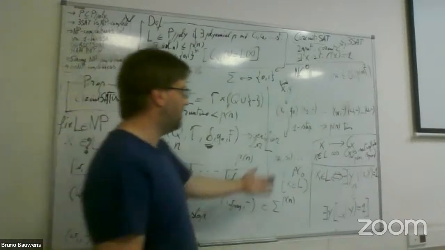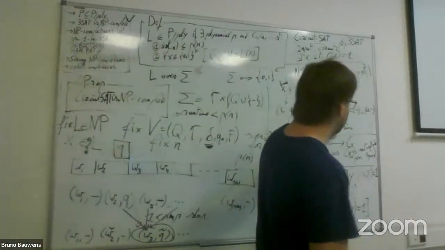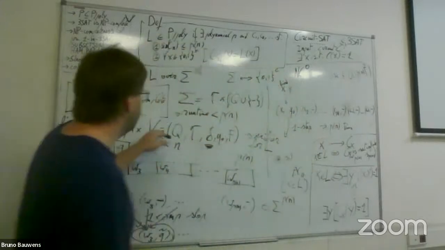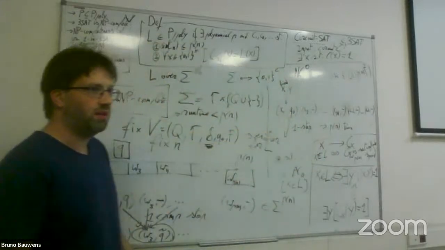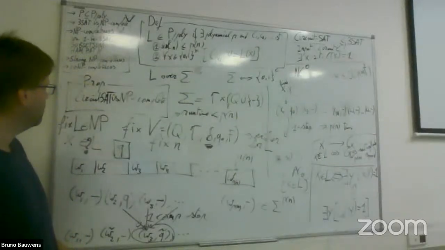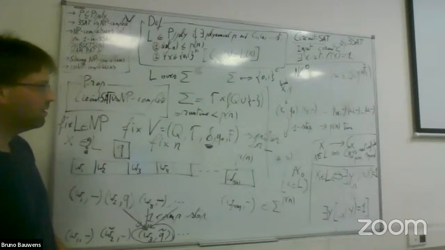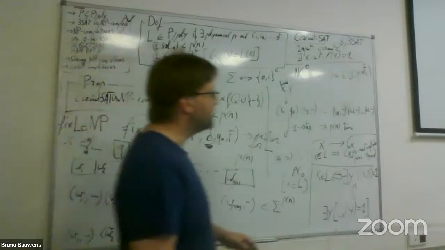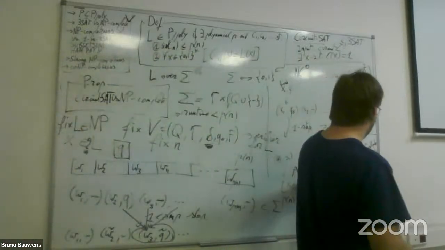Okay, and here I say what the reduction is: X goes to a circuit. And for each verifier, we can build such a mapping. And when you build the mapping from X to circuit C_X, you have for every X in the language, C_X is a circuit, so it has certain inputs.